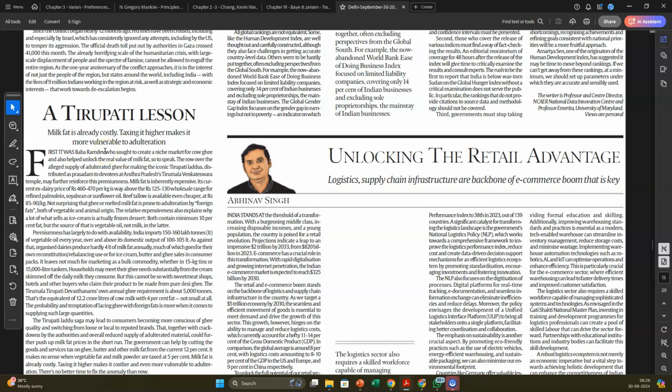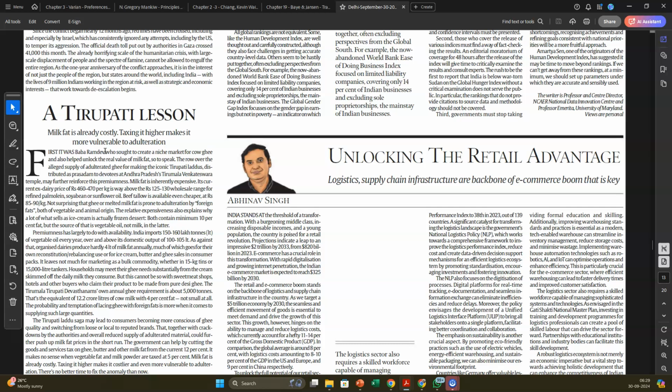Now, you must be aware that ghee is basically milk fat. What you do is, from the milk you collect the fat, and then you store it, and that becomes ghee. So this milk fat is basically the most expensive value added thing out of milk.